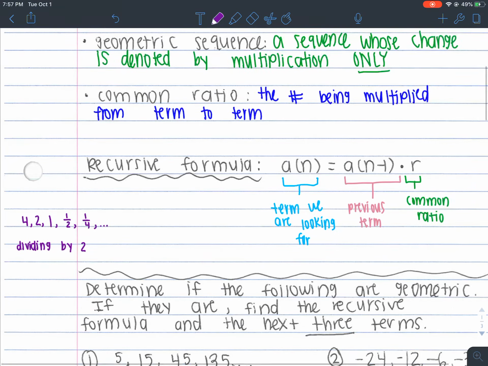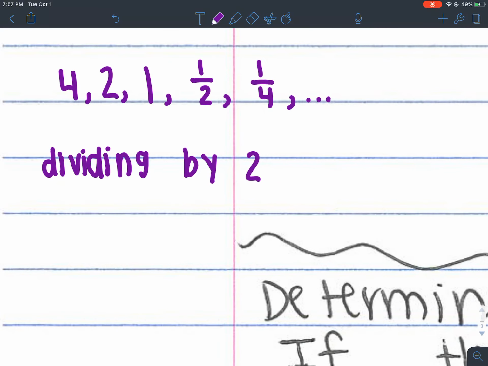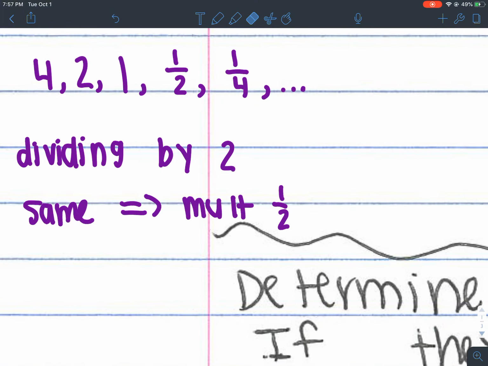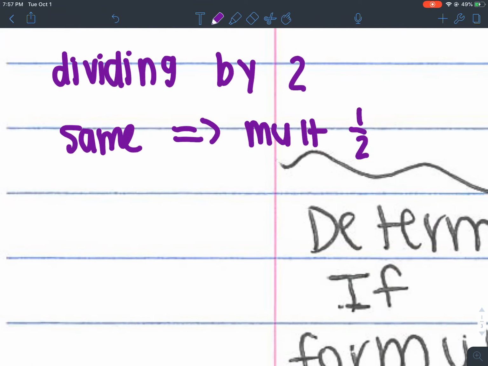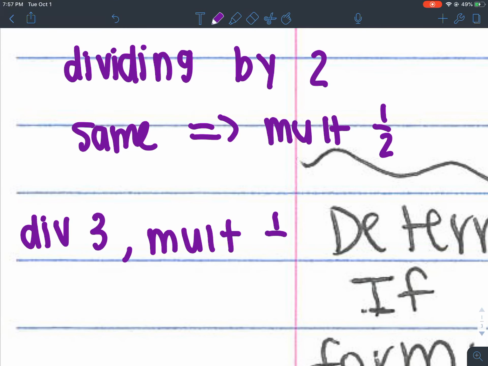Now, like I said earlier with geometric sequences, there's no such thing. It's multiplication only. So yes, it's dividing by 2, but we also know that to be the same thing as multiplying by 1/2. Okay? If I take 4 and multiply it by 1/2 in my calculator, I'm going to get positive 2. Okay? So if you're dividing by 2, you're multiplying by 1/2. If you're dividing by 3, you're multiplying by 1/3.